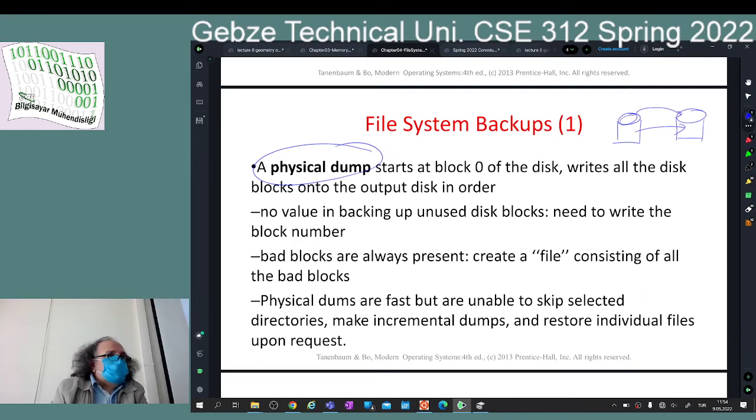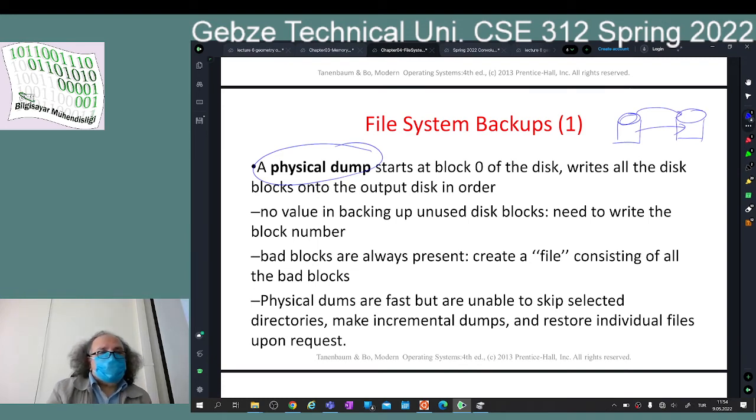So it is just copying the garbage data too. So that's the cost of having a very simple algorithm, right? Just copy all the blocks to another disk. Doesn't matter what kind of data it contains. Even if it doesn't contain any data, it just creates it.